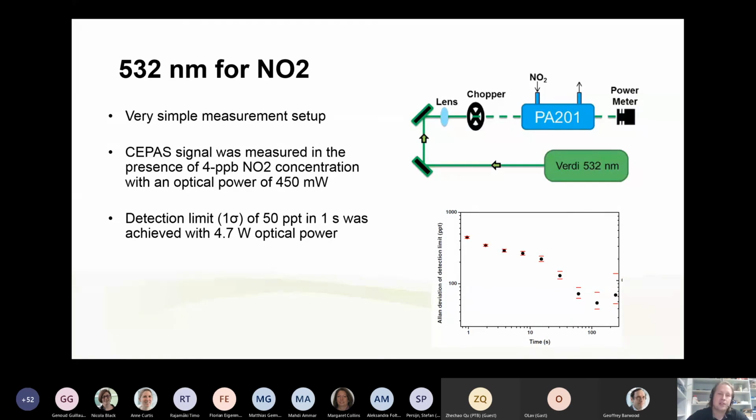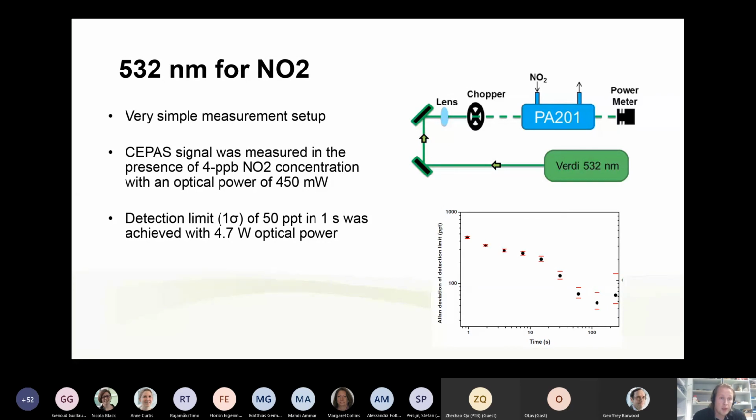The setup here is very simple. It's basically just turn on the light, guide the light through a lens, through the chopper into the photoacoustic cell, and start measuring. The numbers are actually pretty good.